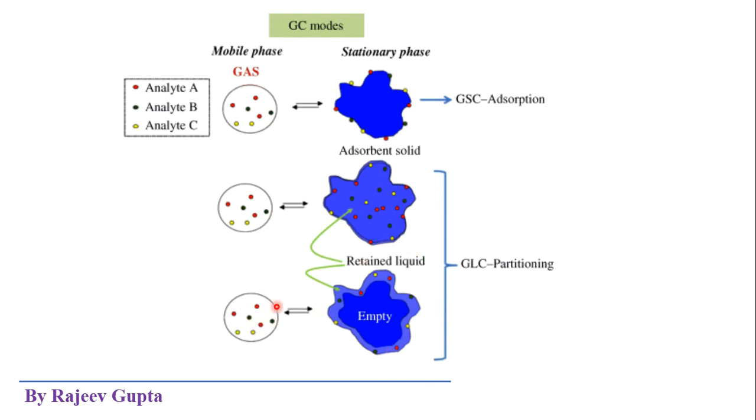We can observe that the sample particles are going inside, or solubilizing inside, this liquid phase, but they are not going into the core. This is empty, meaning the sample molecules will not go inside the solid particle. They will go inside the liquid phase. So this is the simple technique of GLC, and this is for GSC.